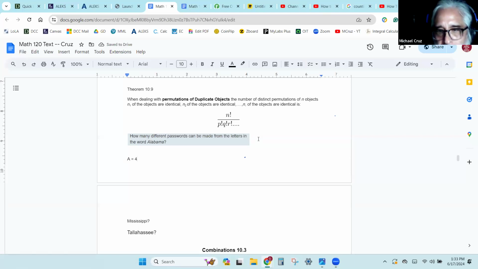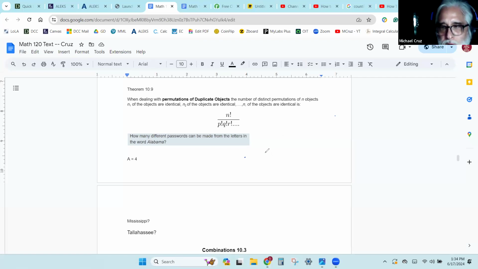The other letters in there are L, B, and M. There's only one of each. So A is the only thing that repeats, and it repeats 4 times. There are 1, 2, 3, 4, 5, 6, 7 letters in Alabama.